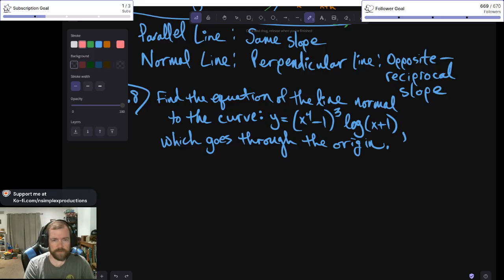So if we're solving, we're going to get something that is y minus y1 is equal to the slope that we're going to look at, which we'll call m, times x minus x1.